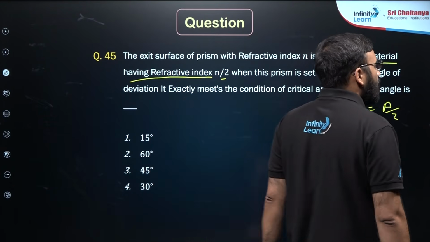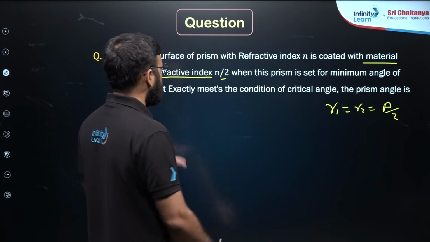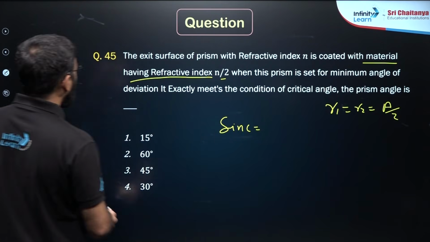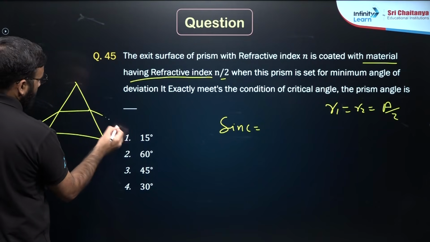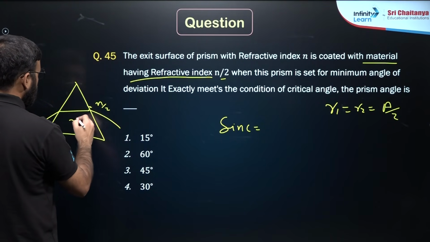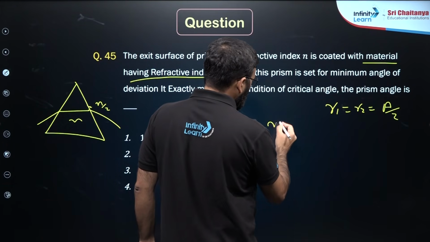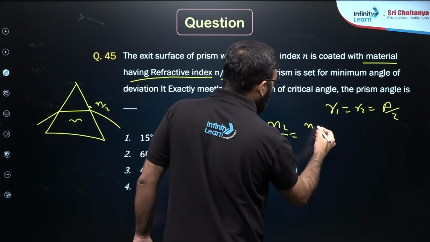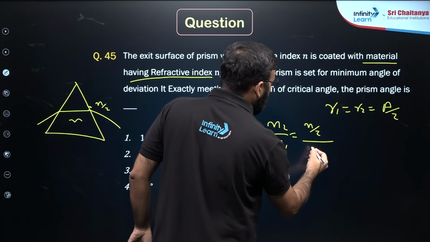So what is my condition of the critical angle? The condition of the critical angle means sin c, it is coming from inside the prism and at the exit surface, so this will be the case. It's coated with n/2 and the prism is n, so n2 upon n1, that is n/2 divided by n.